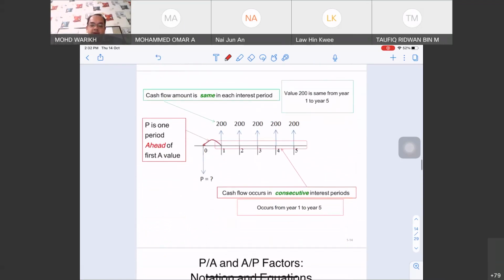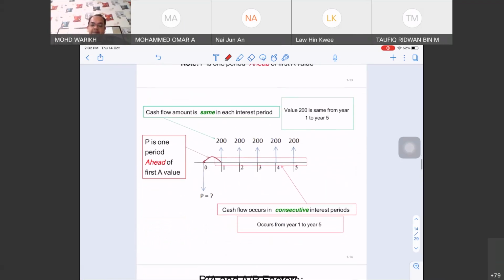So this example, the cash flow amount is the same in each interest period. Because it's annual, that means every year they have to pay or deposit 200 ringgit, from year 1 until year 5, the same amount of money.